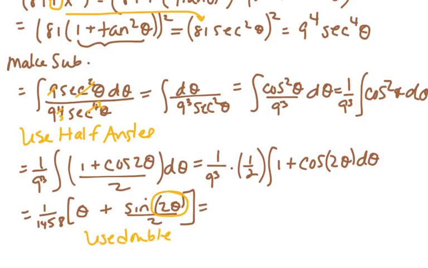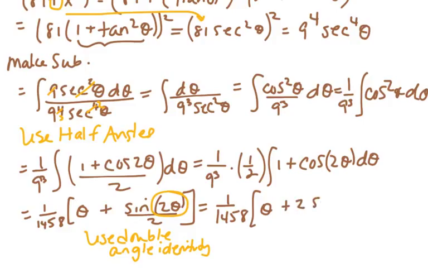So using the double angle identity, I'm going to rewrite this now, and all I'm doing is substituting in for sine of 2 theta. This is theta plus the sine of 2 theta, using the double angle, is 2 sine theta cosine theta, and that's over 2.